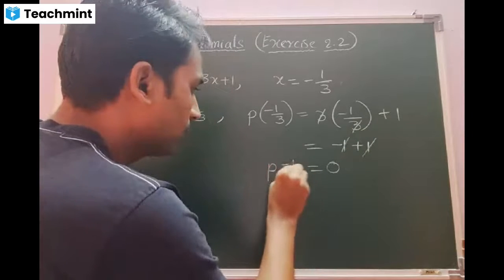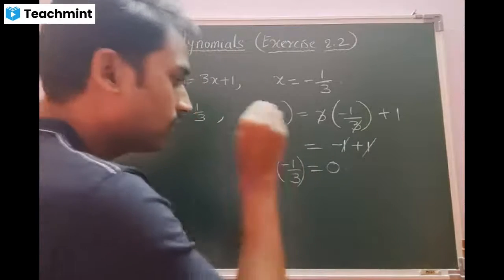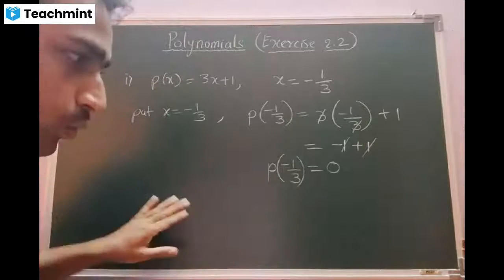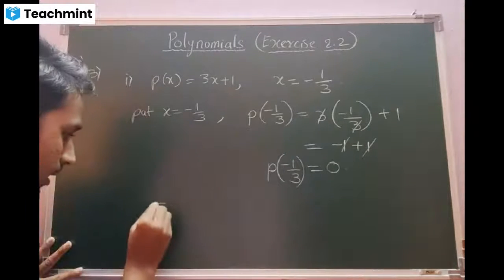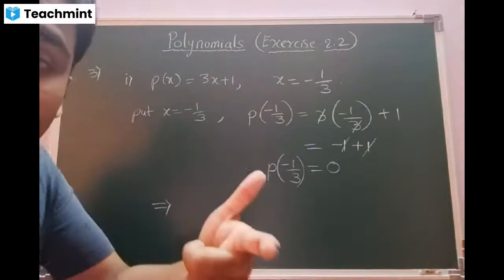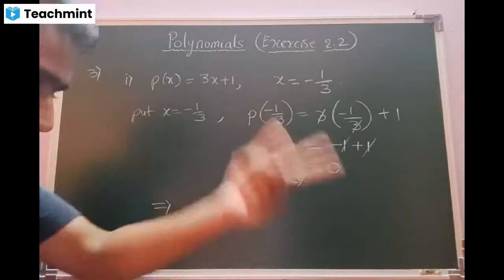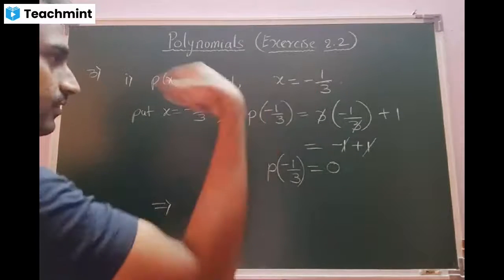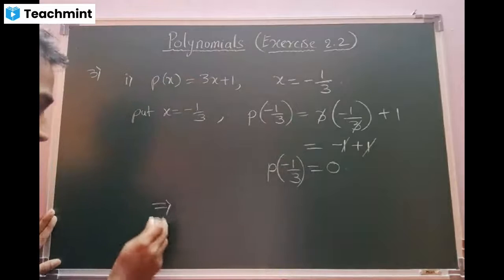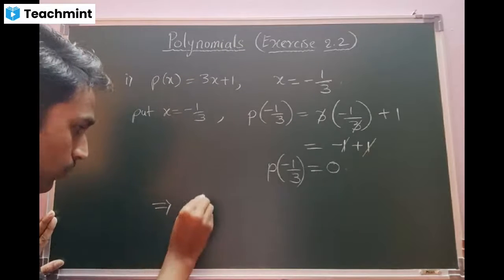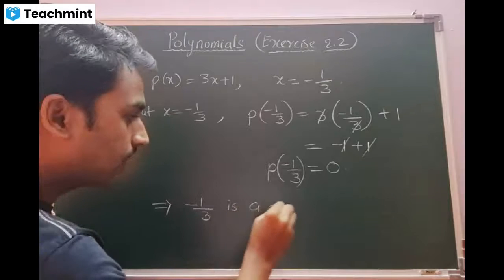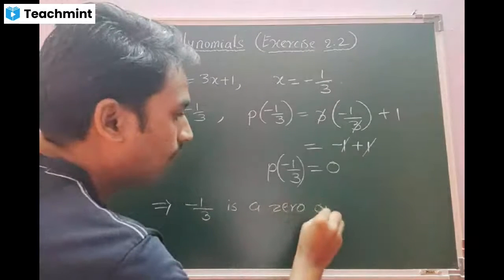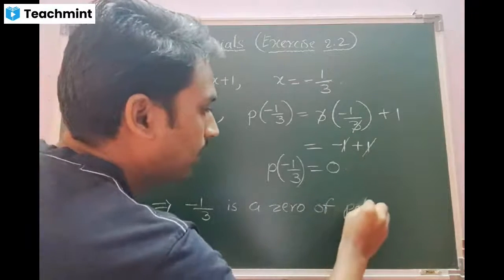0. So tell me, what is the conclusion that we have to write? Minus 1 by 3 is the zero of a polynomial. Very good, beta. This implies minus 1 by 3 is a zero of the polynomial.